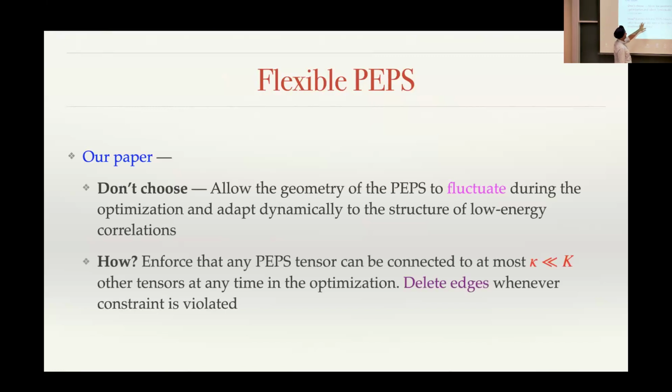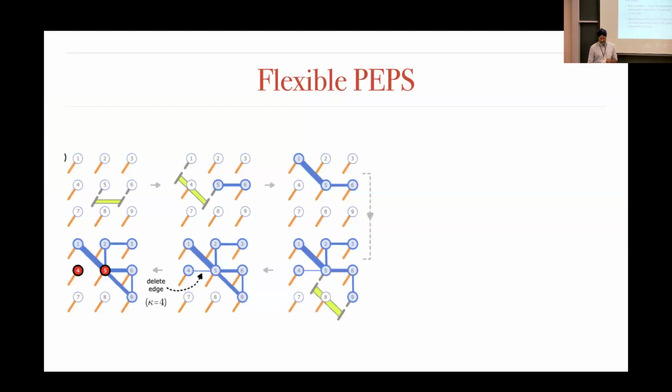We do that by enforcing that any PEPS tensor can be connected at most to a kappa number of tensors during the optimization. And this kappa is chosen to be much smaller than the degree of the Hamiltonian. And anytime this constraint is violated, we go ahead and delete edges. Okay, so here's roughly the picture. You might start with the product state, and start applying these gates, which correspond to a densely connected Hamiltonian.